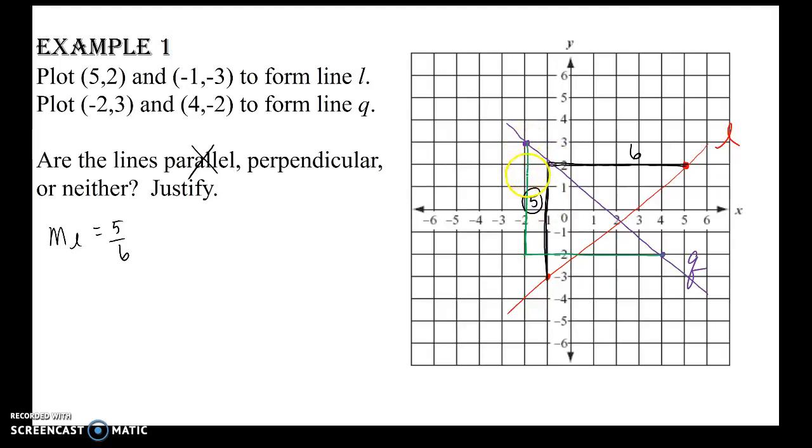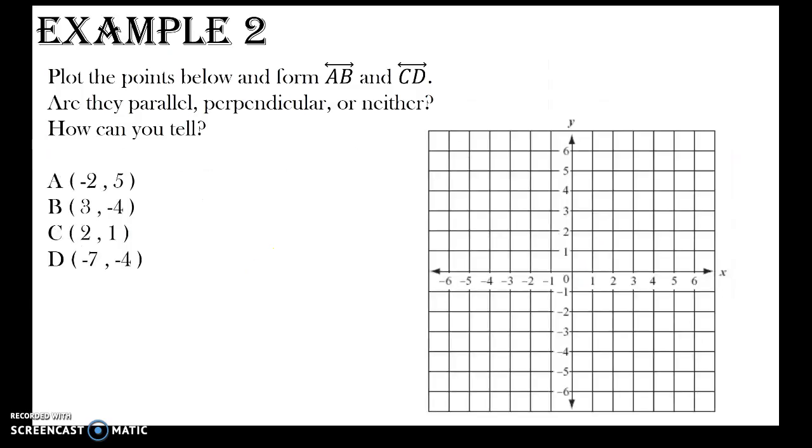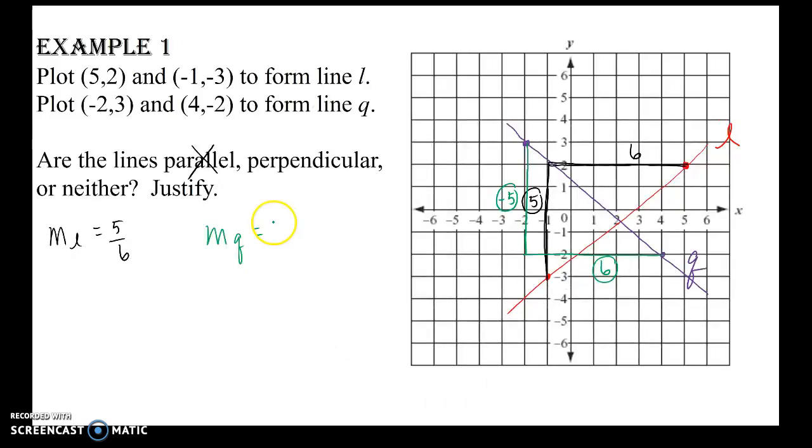So I go down 1, 2, 3, 4. Now I go down 5 units, and to the right 1, 2, 3, 4, 5, 6 units. Okay, so now the slope of line Q, rise over run, I went down 5 units and I went to the right 6 units.